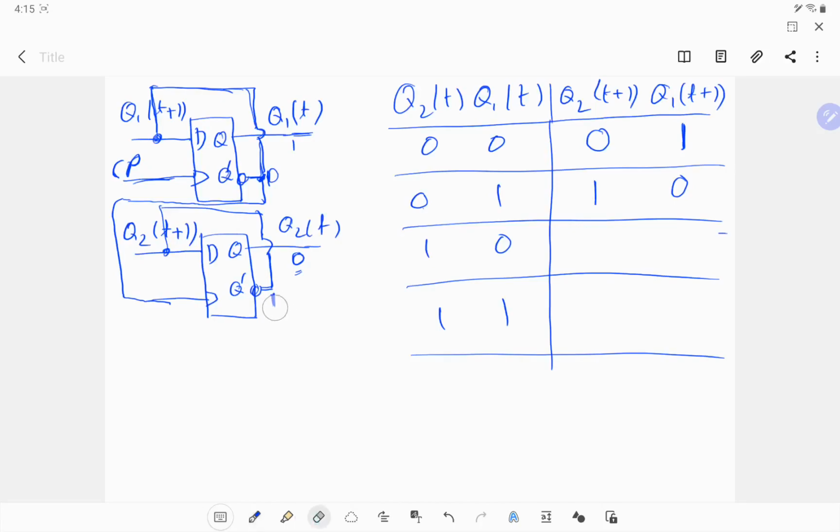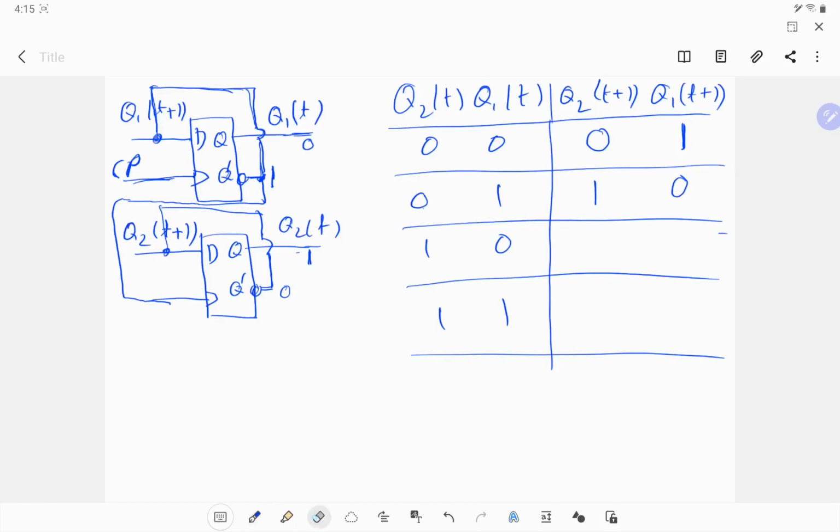Now let's consider the third combination. For the third combination, we have 1 0, so we have Q2 1 and Q1 0. Similarly, we have Q1 prime 1 and Q2 prime 0. When the first flip-flop is triggered, as it goes from 0 to 1, the state of the first flip-flop is changed from 0 to 1.